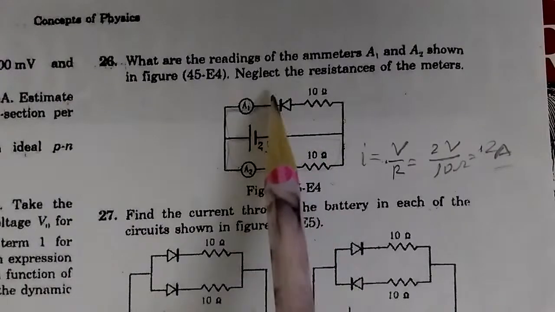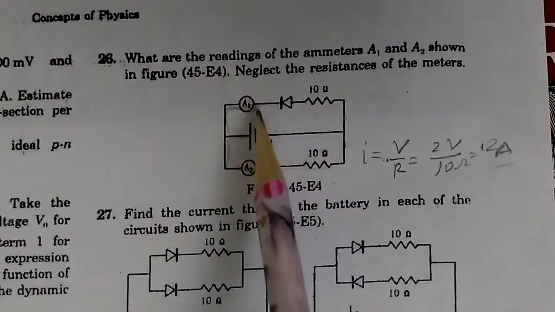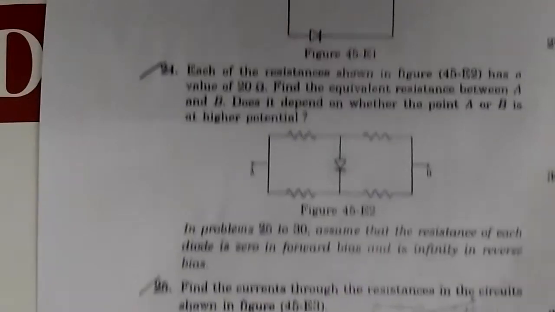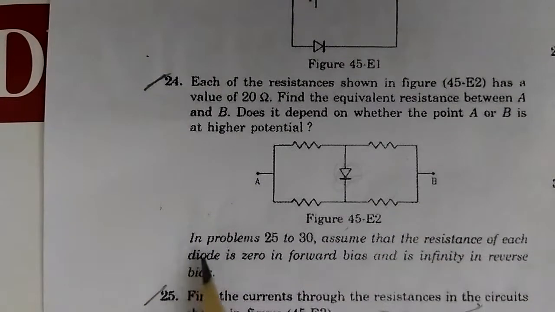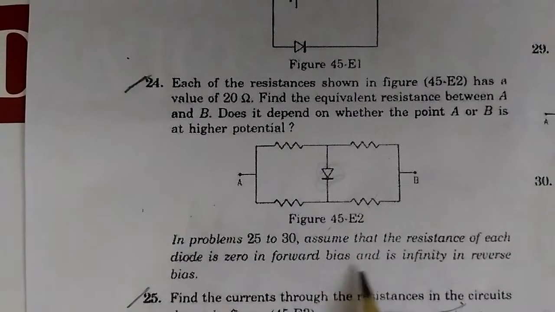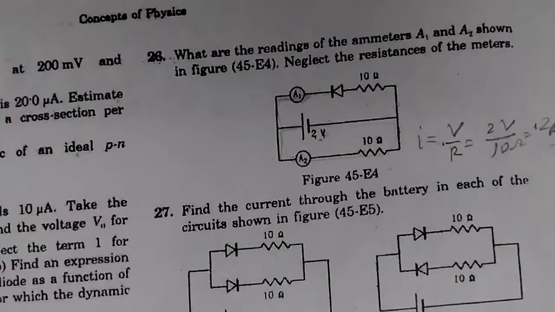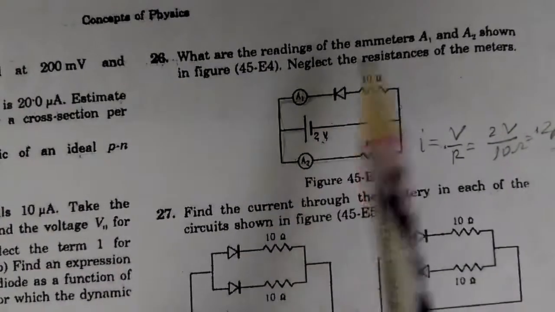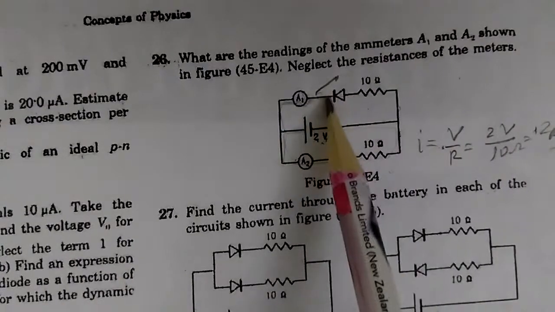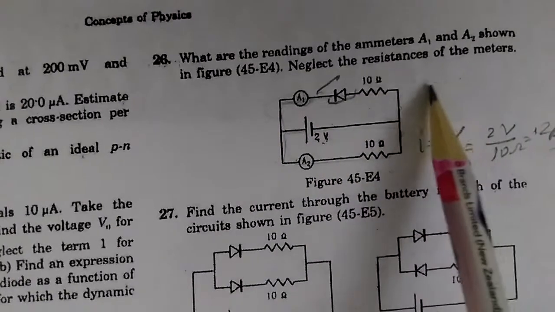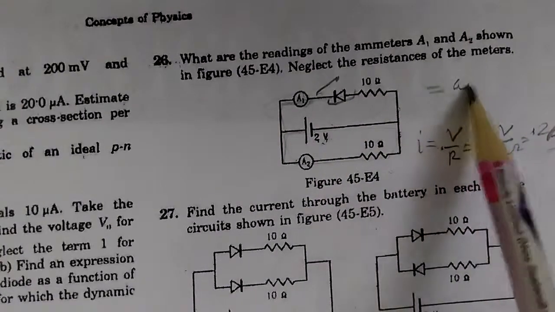And in the reverse bias, we have been given earlier that in problems 25 to 33, assume infinite resistance in the reverse bias. So this one is reverse bias, and when this one is reverse bias, you can mentally think of a switch that is open. So therefore, there is no current flowing through this, and therefore the current is 0.